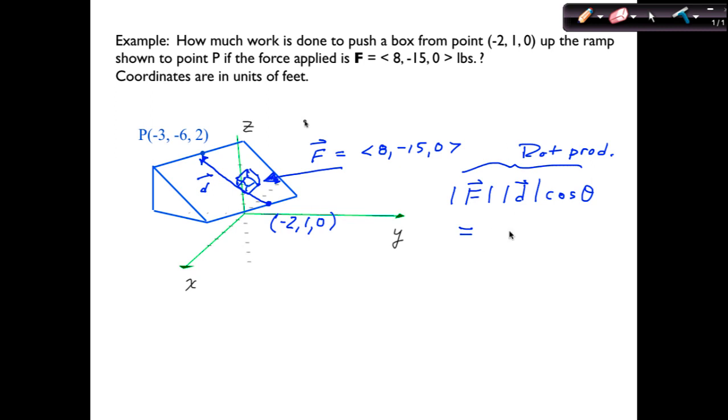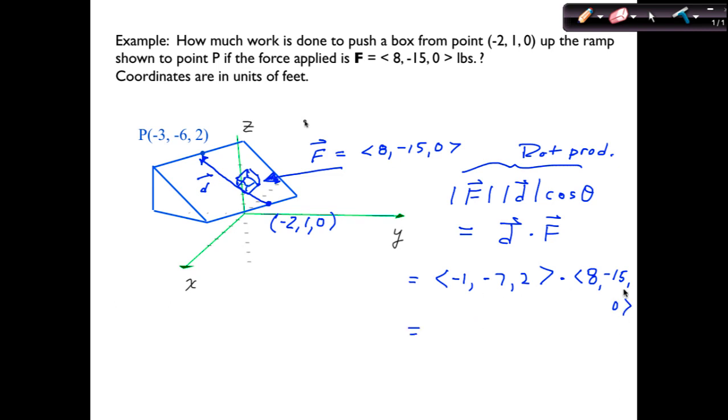Okay, we'll do d dot f this way. So what is the displacement vector? -1, -7, 2, dot 8, -15, 0.